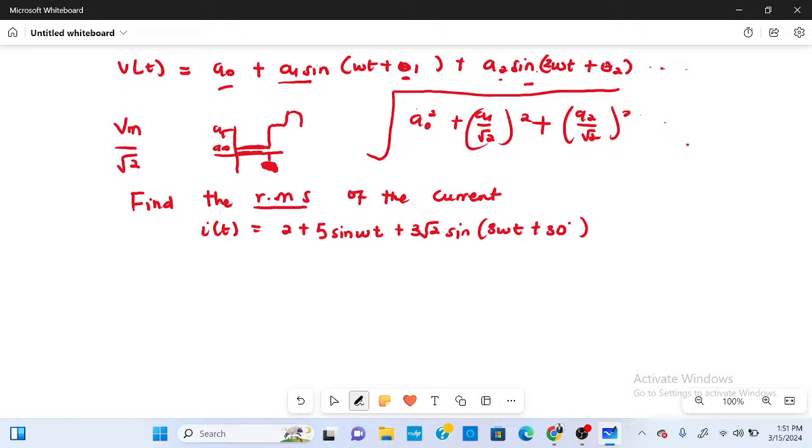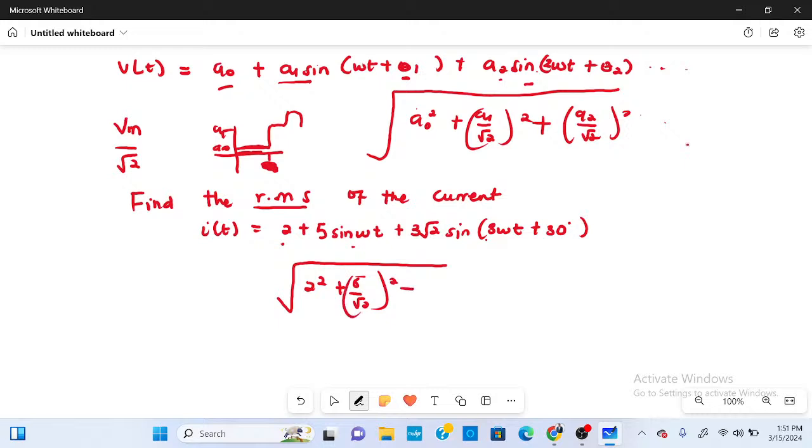And this is a harmonic because it has a DC value. It has the first harmonic and the second harmonic. So I just take my big square root, right? I find 2 squared plus my peak value 5 over root 2, all squared.